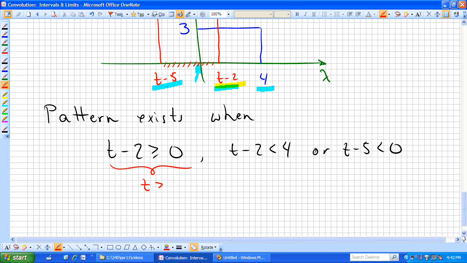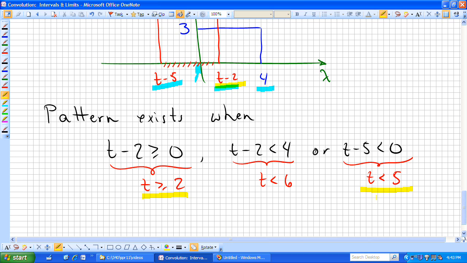This just says that t is greater than or equal to 2, which says, okay, before we said as long as t was less than 2 we had 0. Now we're going to get some overlap going on. This, if we add 2 to both sides, says t is less than 6. If we add 5 to both sides, this says t is less than 5. So our first pattern is going to be true as long as t is greater than or equal to 2 and t is less than 5.